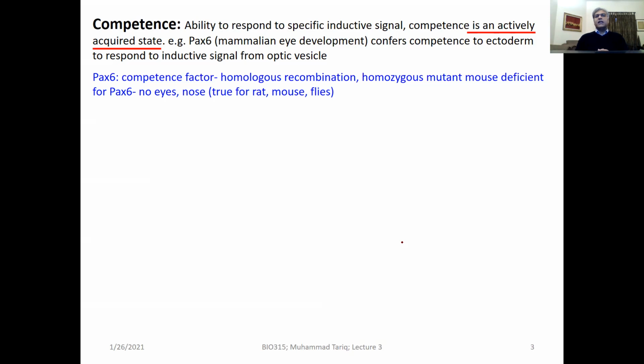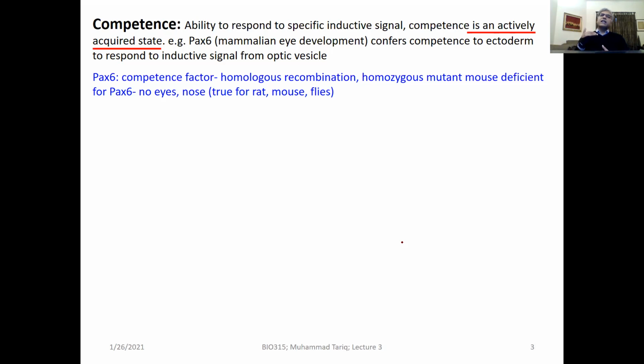In this particular example, the optic vesicle generates a specific signal and ectodermal cells respond because they are competent. They are competent because they have a specific transcription factor, also referred to as a master regulator of eye development, PAX6. PAX6 is a transcription factor which confers this competence to the ectodermal cells in the head region.